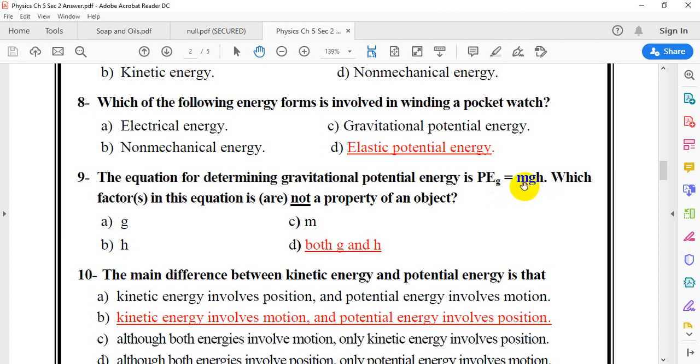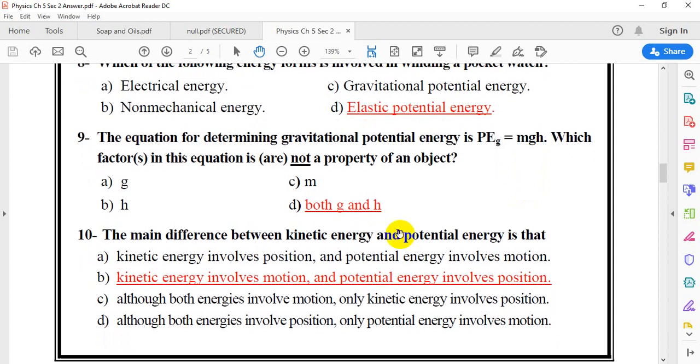The mass is an intrinsic property of the object, while the height can be changed, and the gravitational acceleration can change from one place to another. So the only one that depends on the object is the mass, while g and h are not properties of the object.